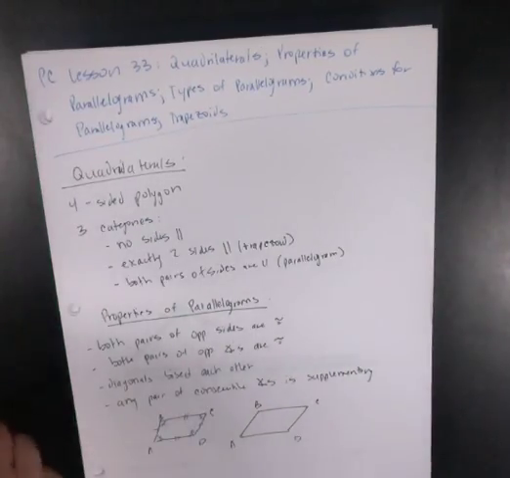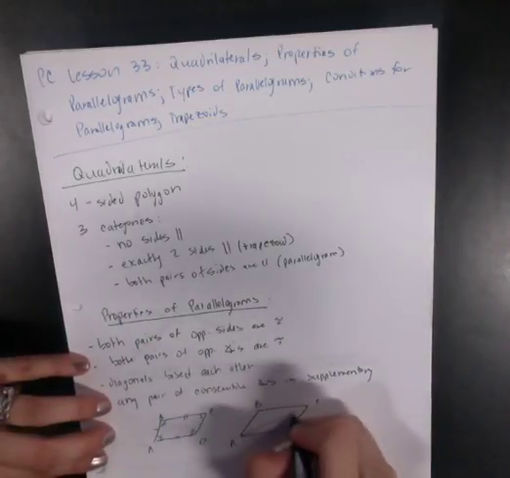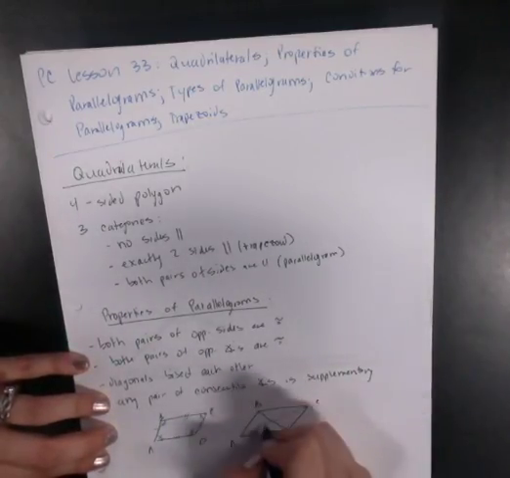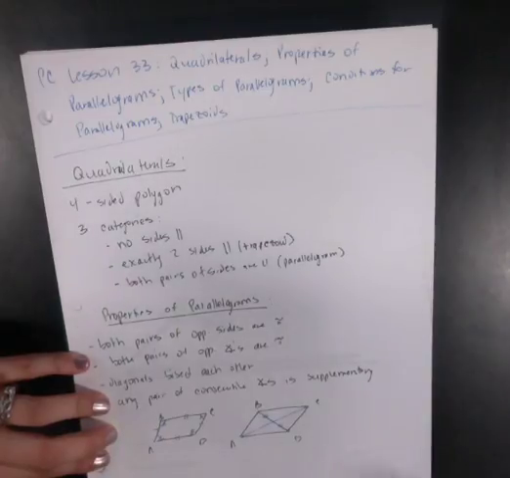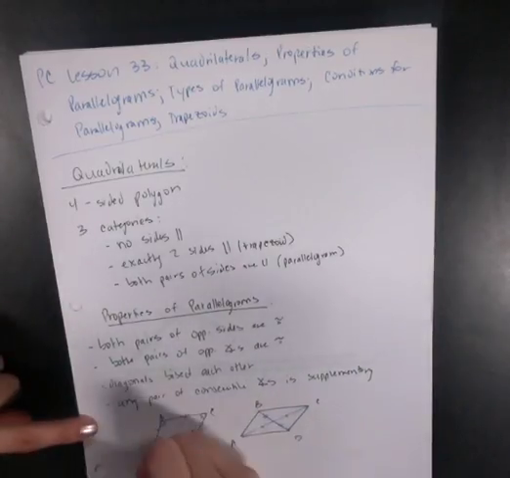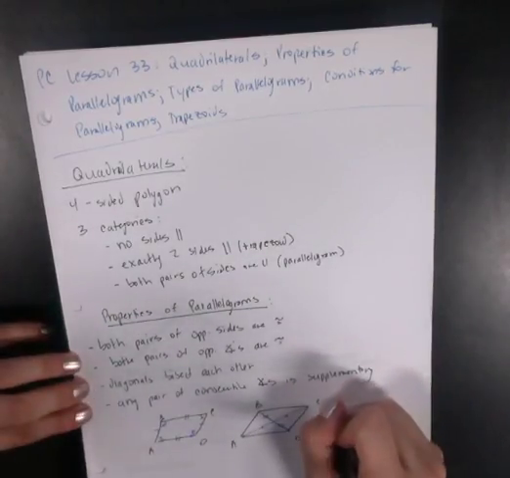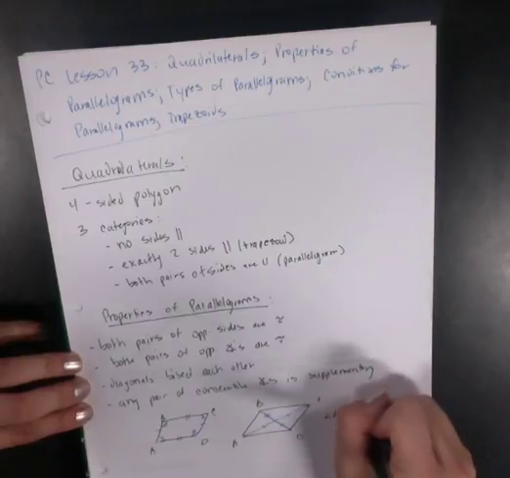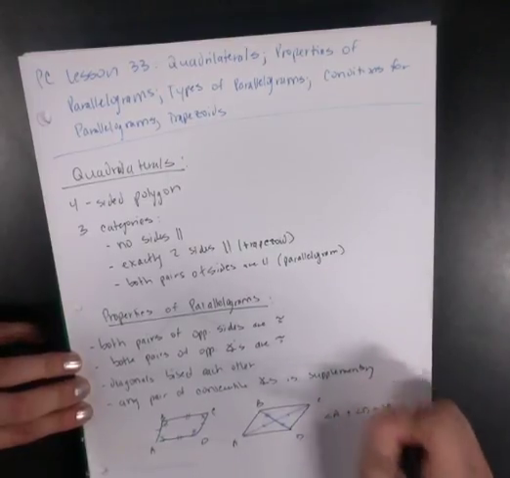If this is my diagonal here, they bisect each other, meaning this segment and this segment are equal. This segment and this segment are equal. And any pair of consecutive angles is supplementary, so angle A plus angle D equals 180.